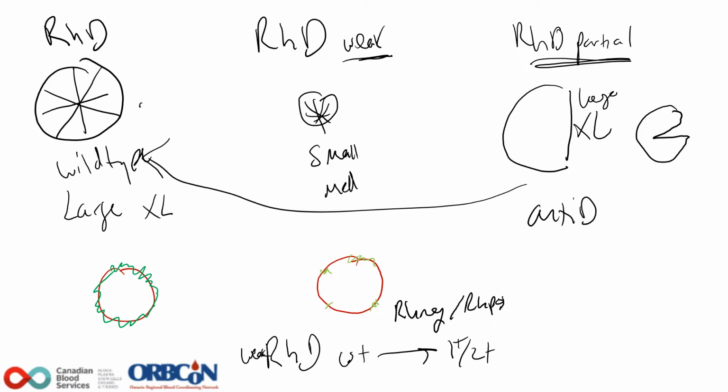Now, what's unique about this is if you were to take an RHD typing reagent, okay, and remember I told you there are two types. There are the only monoclonals, and then there are the blended. So if you took the monoclonal, like the single monoclonal that's IgM only, and you looked at the IgM IgG version, when you incubate the IgM, you might get 0 reactivity, you might get 3+ reactivity.